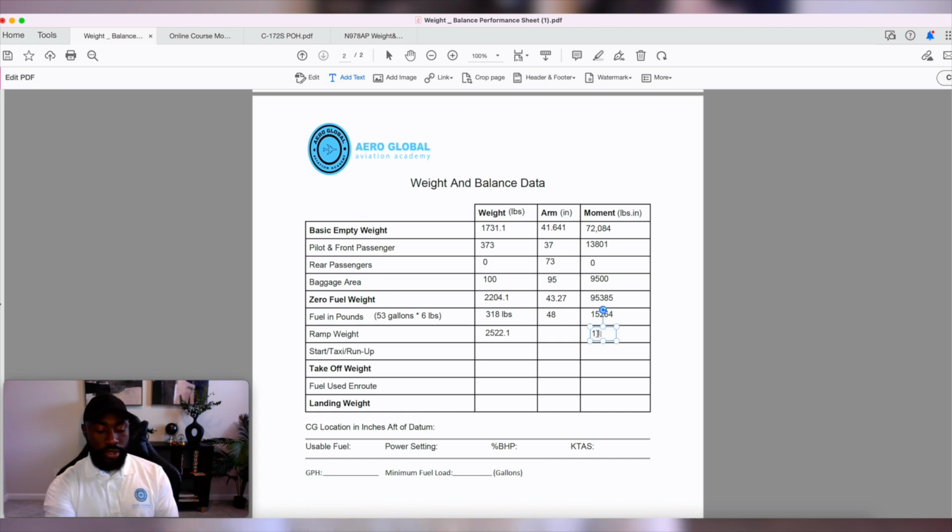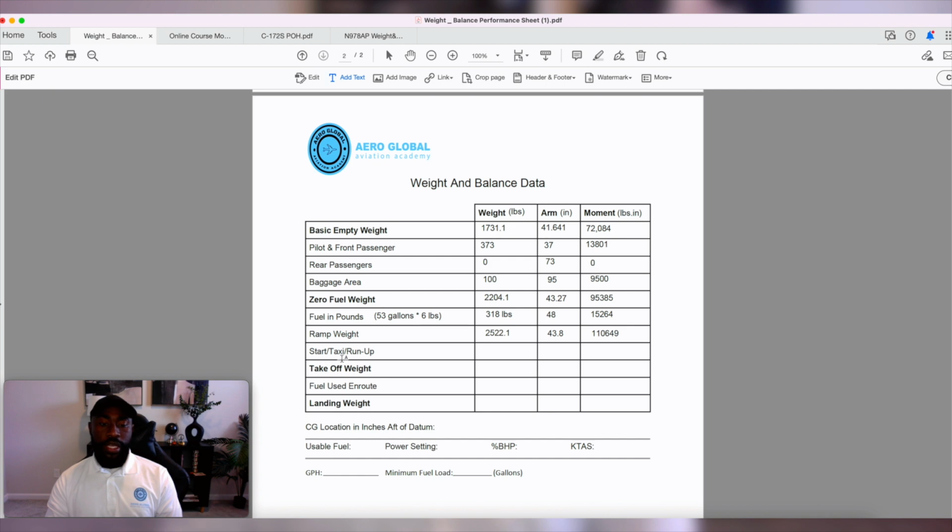I'll get the total moment and then divide that by the total weight here. So I get 43.8. So that's how you get the arm for the ramp weight. If there's anything you can't figure out where the arm is from, the idea is just to add up your total moment for whatever section and then divide by the total weight to get the arm. So that's how you do that.